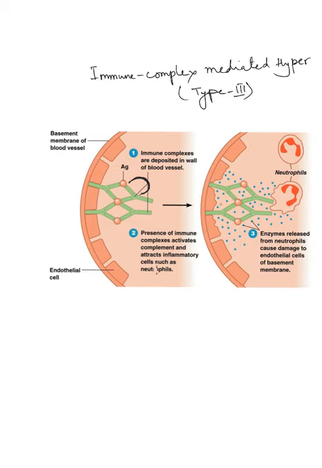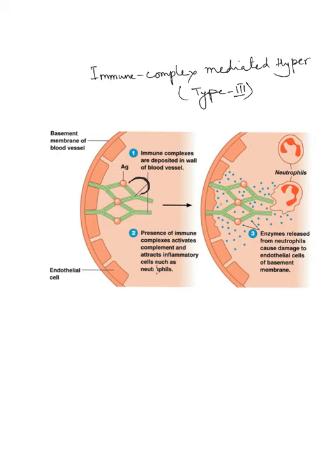Now the purpose of the immune complex is that it can be easily phagocytosed by the phagocytes, and the antigen can be cleared from the circulation, because the complexes are larger in size and easy to phagocytose, and this is one of the ways to get rid of the antigens from the system.